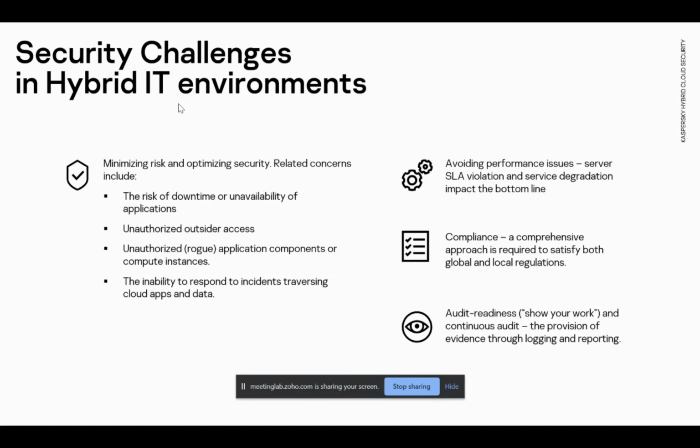Okay. And there is also a challenge of auto scaling, so we'll see that in a later slide, how auto scaling is also a security risk. Okay. Then the inability to respond to incidents traversing through cloud apps and data. So the simple thing is, the security solutions deployed with the customer don't have visibility or don't have that particular control on their cloud instances or cloud applications.